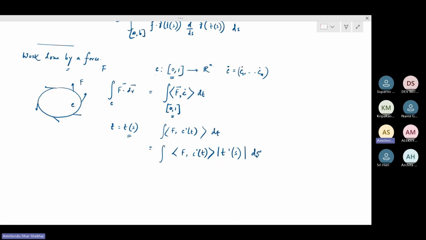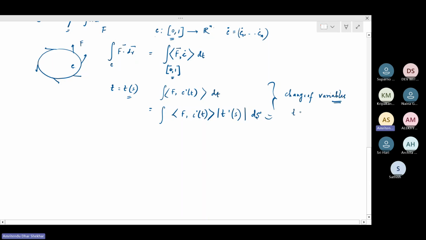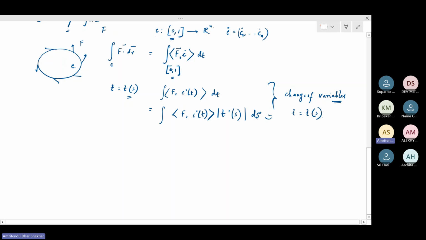This is what I get if I just do a change of variables. So the change of variable is basically I'm using the substitution t is equal to t of s.